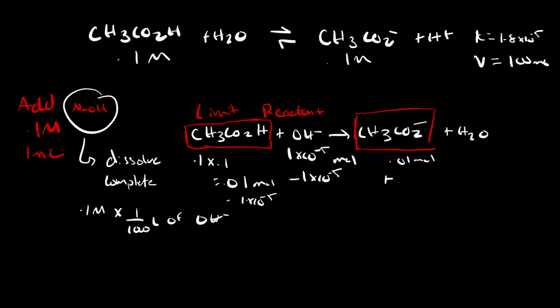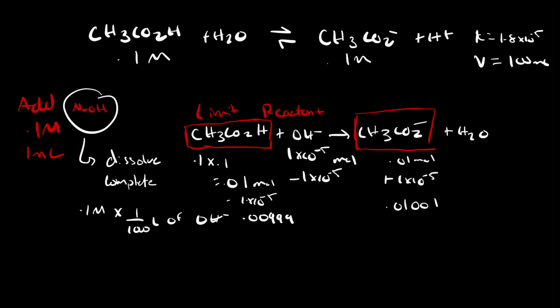On this side, we're going to add it. So then we should get 0.00999 here. Then we'll get 0.01001.